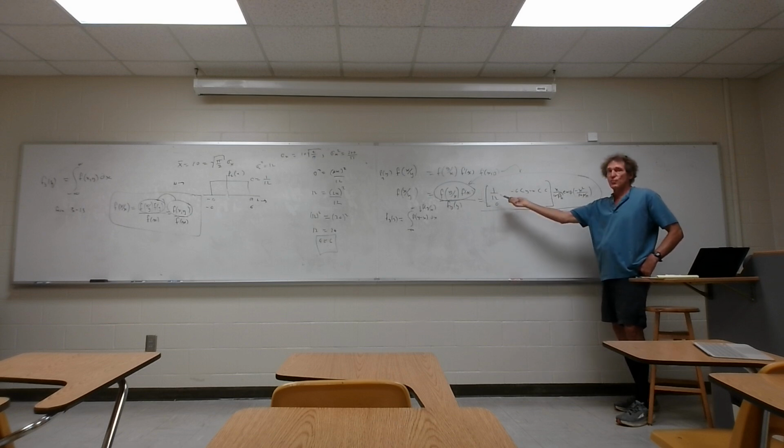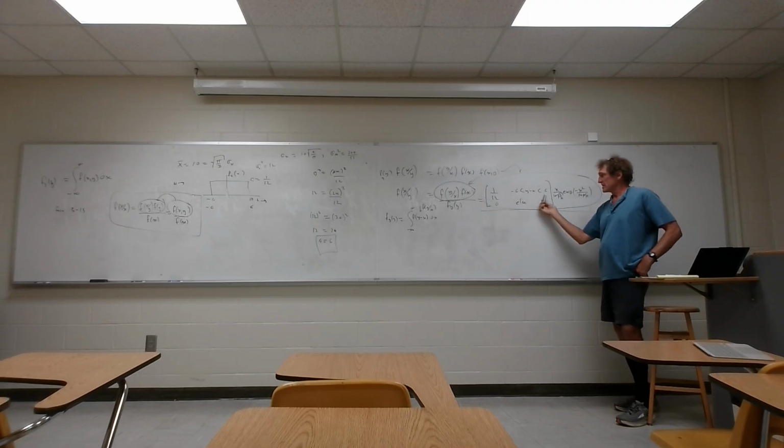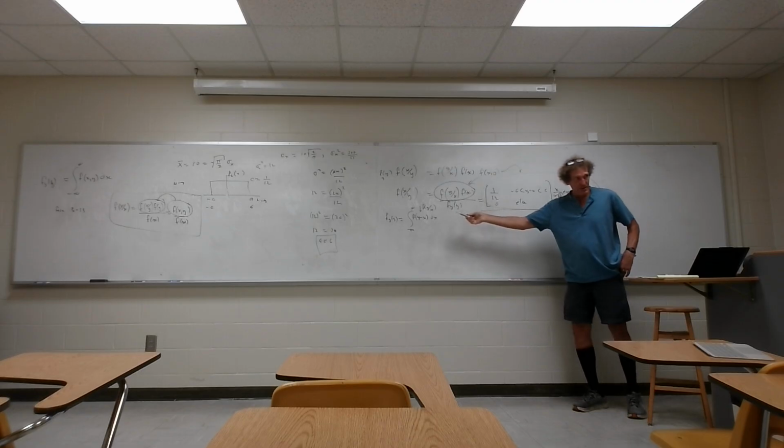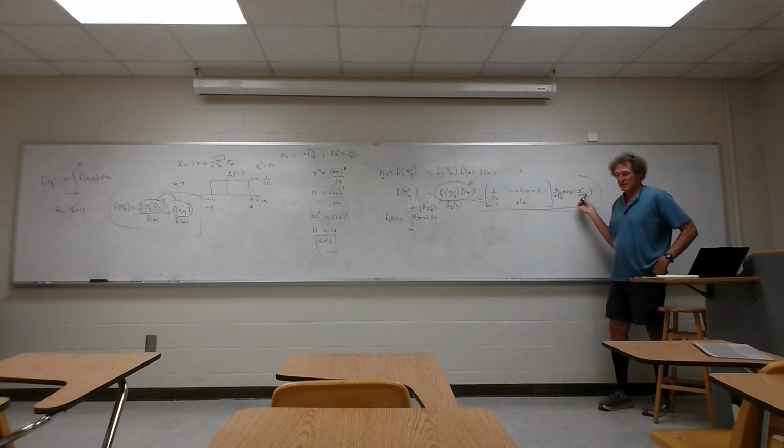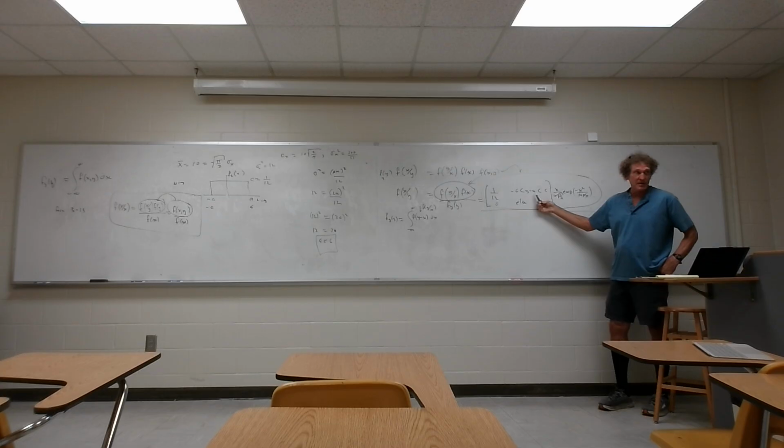It's either 1/12 if these conditions are met, or it's 0. So the real key is, if we want to get f of y, follow me on this, class? If we want to get f of y, we've got to integrate this function over x. Now, the problem with this is, the value of x determines where the lower integration starts and the upper integration stops.